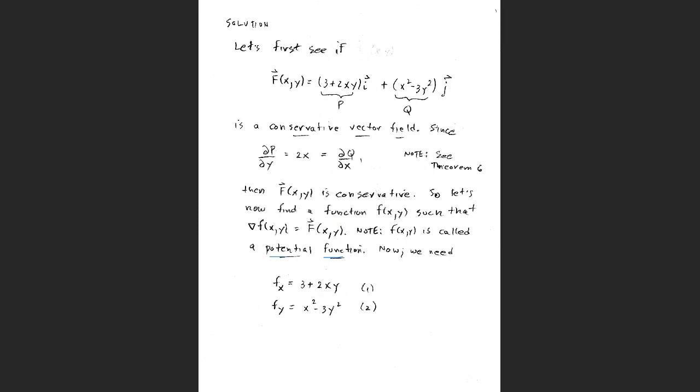So the key is this. We want the gradient of this function to equal the vector field. If that's true, what's the gradient of a function equal to? The gradient of the function is the vector of its partial derivatives. Well, we're saying that the partial derivatives have to equal the components of the vector field.